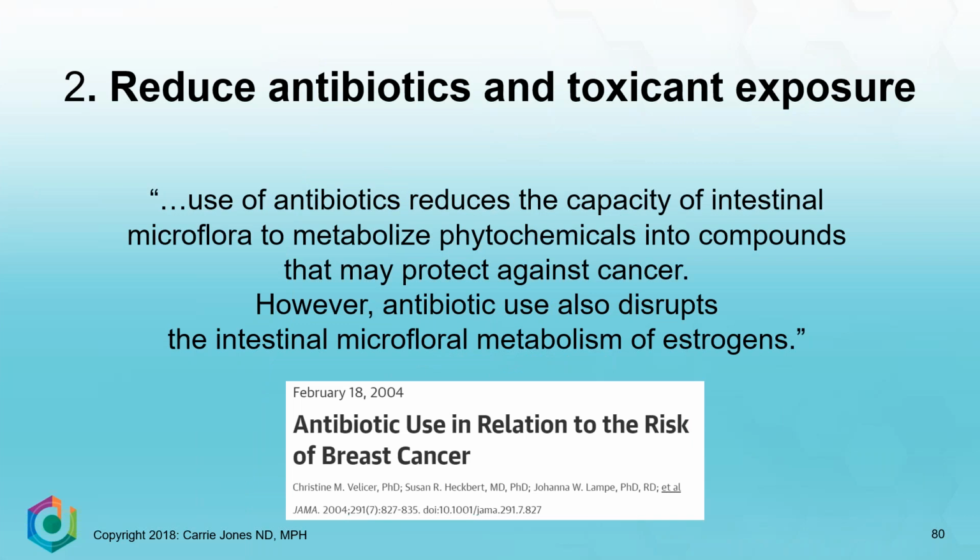So speaking of antibiotics, we know antibiotics and toxicant exposure can greatly affect your microbiome. This is a no-brainer. We all know this. But when it comes to estrogen dominance and estrogen cancer-related risk, just work to get the microbiome back. If somebody needs antibiotics, which is fine, then work to repair the gut afterwards, because we want to reduce that risk of estrogen-related symptoms and cancer.